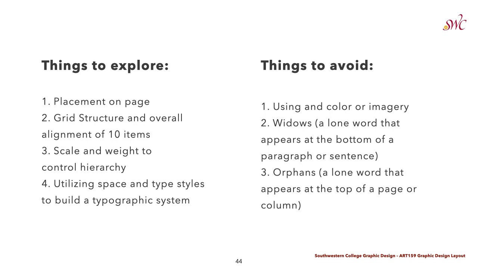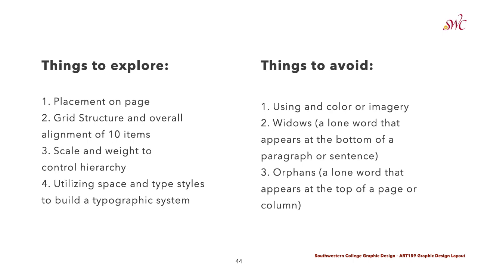And then there are also a few things to avoid. We are only using grayscale, so only white, black, and variations of black, any grays in between. So no color or any imagery, we're only using text. We also want to avoid any widows, which are words that stand alone or appear at the bottom of a paragraph or sentence by themselves.